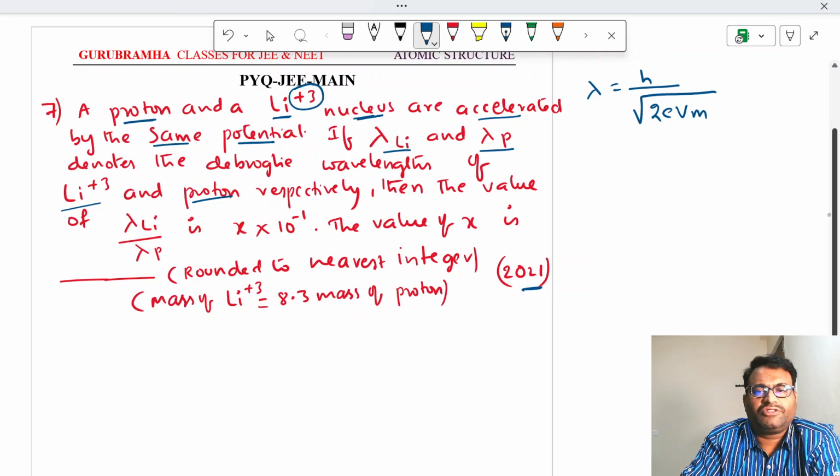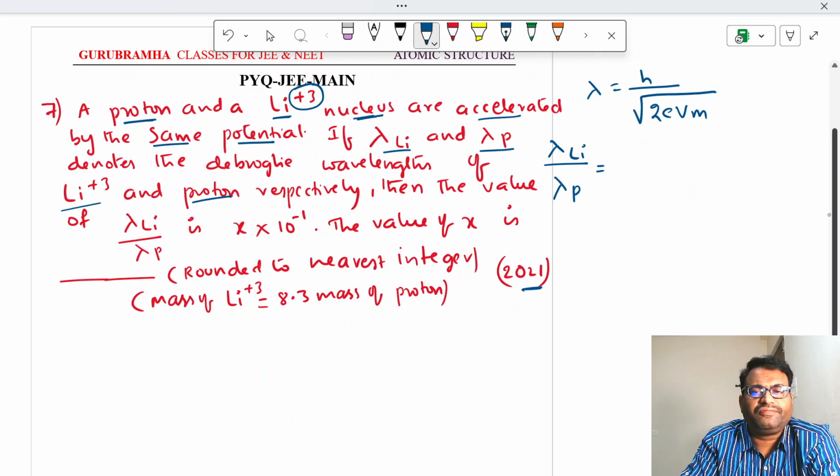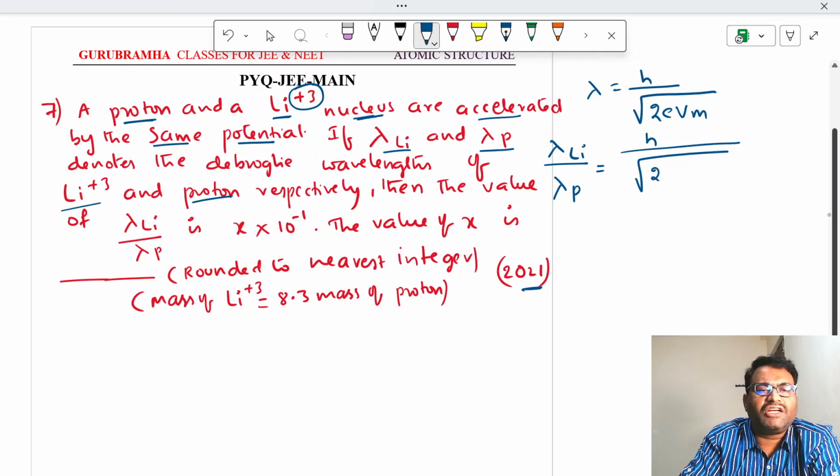Right? So what you can write? Lambda Li by lambda proton is equal to h by root 2. What is the charge on a proton? Charge on a proton is 1.